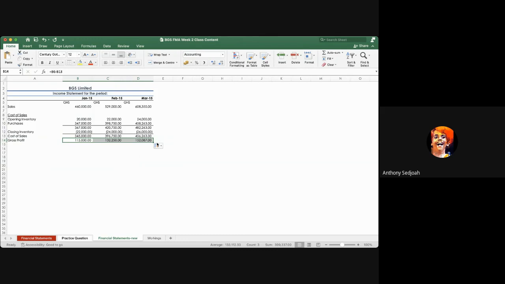For those of you who are already familiar with preparing financial statements, you will see that this is a bit different, in the sense that what you know has to do with two columns. Your sales should have been on another column, and all these would have been in the first column. But what we are doing, everything is in one column because we don't have a lot of information to display.